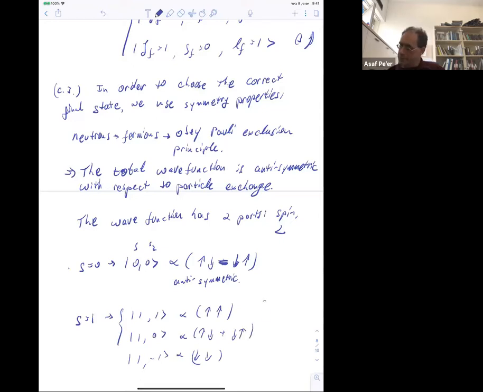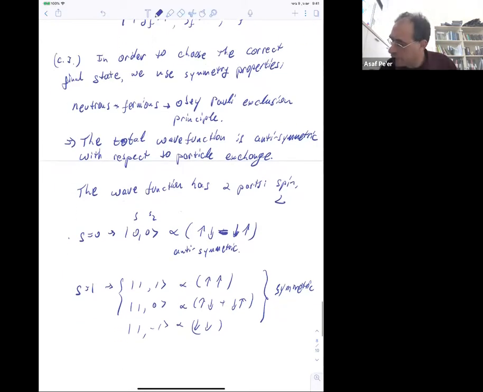So in all cases, this is symmetric. This is for the spin part.